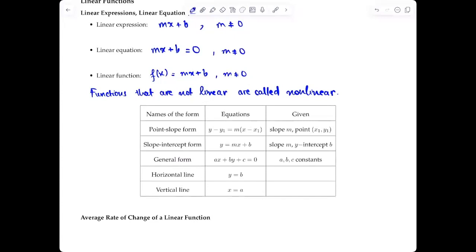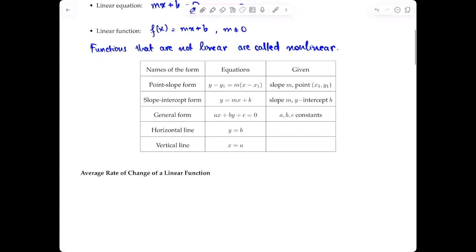You have x squared, that's a nonlinear function. X cubed, nonlinear. Exponential functions, nonlinear. Logarithmic functions are nonlinear functions.